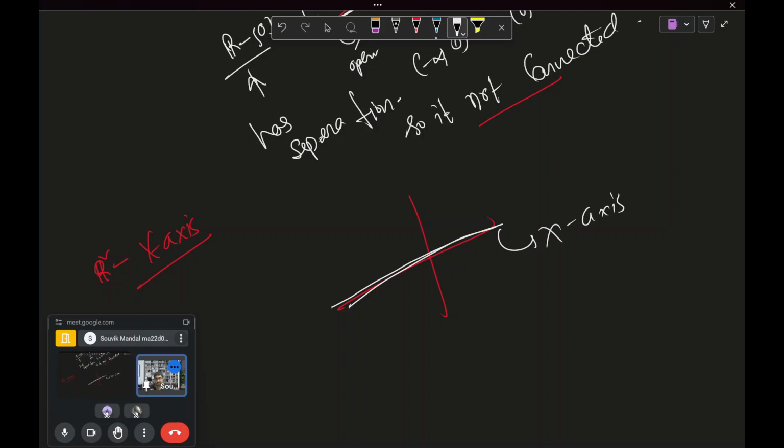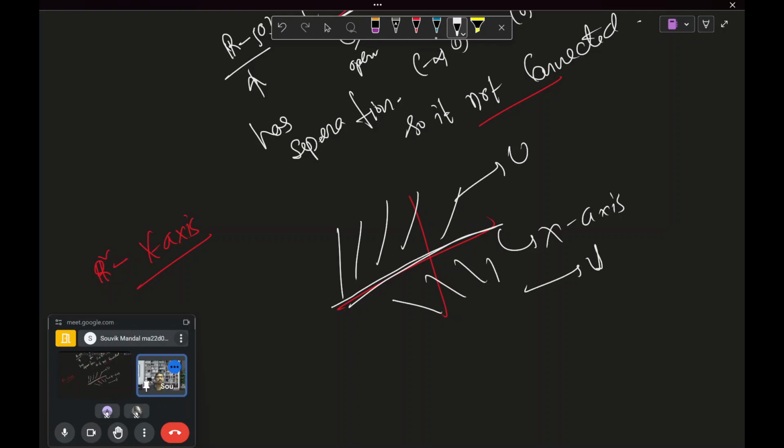The similar argument tells that R2 minus the x-axis has a separation. Why? Because this is one part and this is another part. Take this U and take this V, and clearly U and V are both open in R2. So that's why R2 minus the x-axis has a separation. That's why it's not connected.